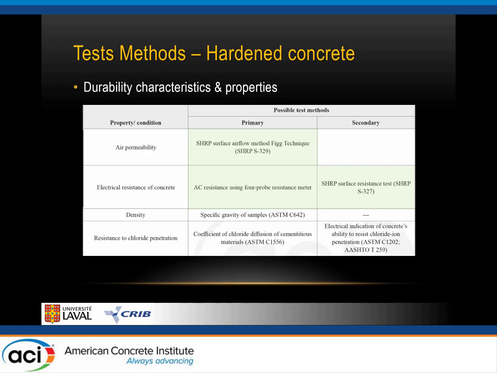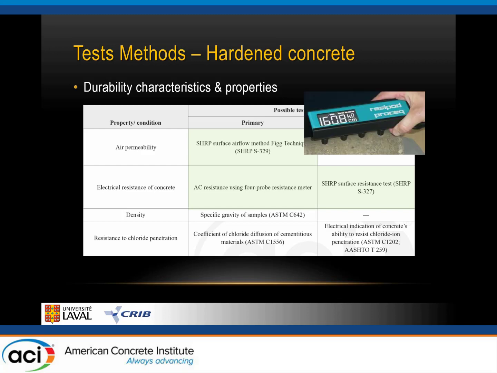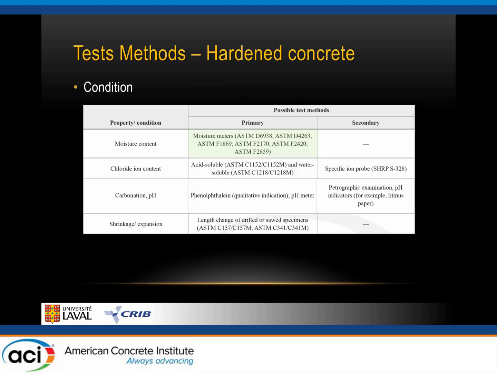These properties will condition the actual effect of the exposure conditions on the concrete. Just as an example, for instance, the resistivity test that can be performed. It's an NDT test that can be performed on site to evaluate resistivity of the concrete in a cover.